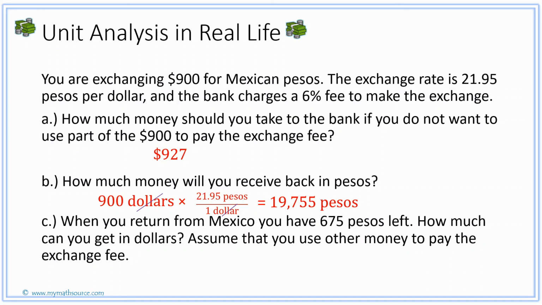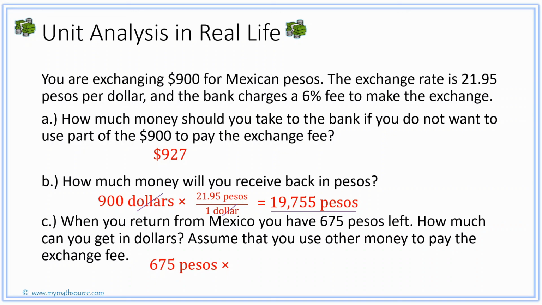Now, this one just uses common sense as well. I have 675 pesos. I know I'm going to multiply it by the exchange rate, but now I'm doing the opposite with multiplication. Do you remember what we call that? The opposite of multiplication? What property, what name is that? Well, that's the inverse property.